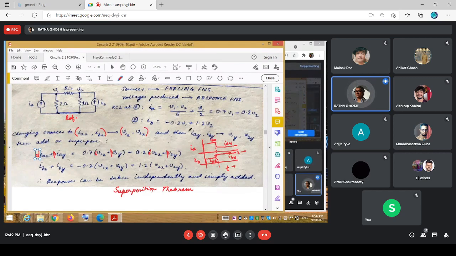If you had some other pair IAY, IBY, you would have some corresponding responses V1Y, V2Y. If you had some linear combination of these in the supply, then you would be assured of a corresponding linear combination in the responses also. That is all that we are talking about.